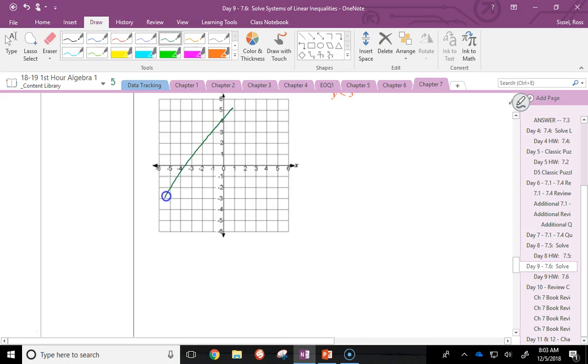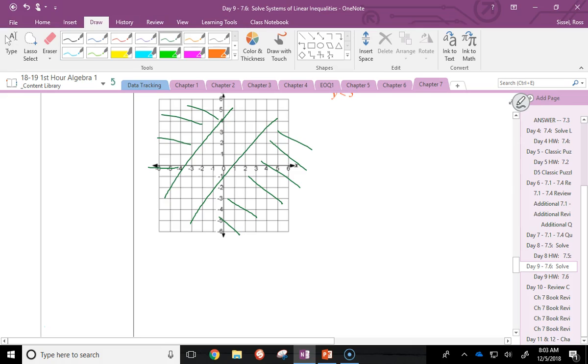If for some reason I had this line and I shaded this direction, and I had a parallel line, but we shaded this one. If we had that, where we have parallel lines and we're shading in opposite directions, we do not have an answer. Okay? We have this buffer zone, but there isn't an answer that's going to satisfy both.